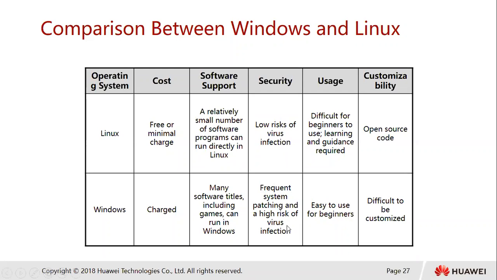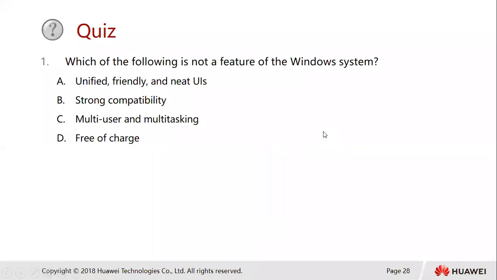Windows needs frequent patching, so it is high risk of virus infection. And then usage: Linux is difficult for beginners, so learning and guidance is required. Windows is easy to use for beginners. And of course, Linux is open source. Windows is closed source.